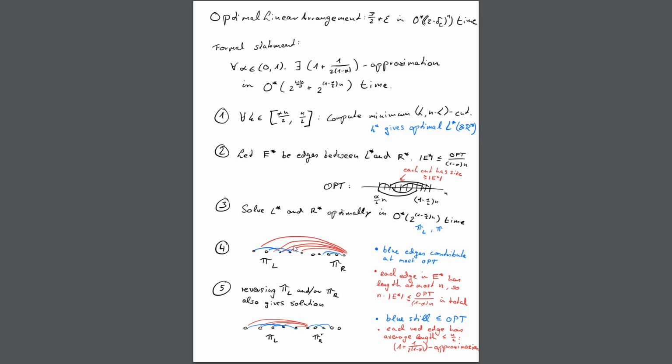But now we can make an average argument and say, well, we're going to pick the orientation, either pi R or the reverse, that minimizes the total. And then on average, each of these arcs has length at most n over 2. And since we have opt divided by 1 minus alpha n times n over 2 gives us opt divided by 2 times 1 minus alpha, which is exactly this factor we claimed in the beginning.